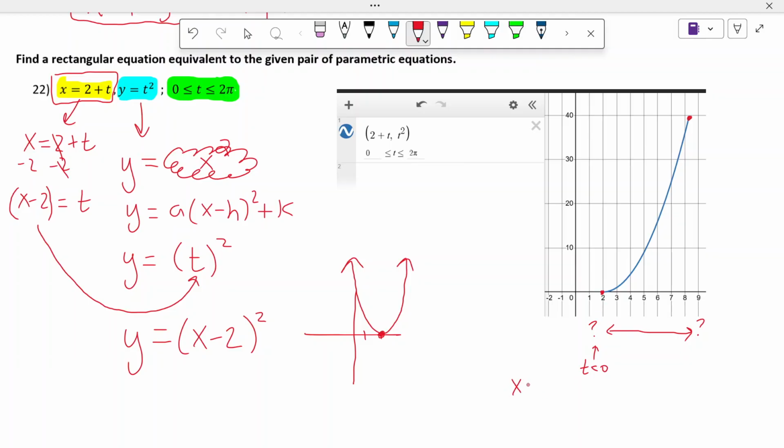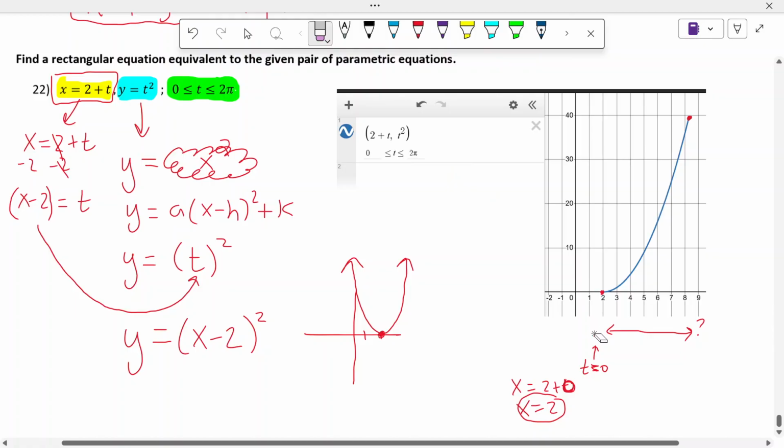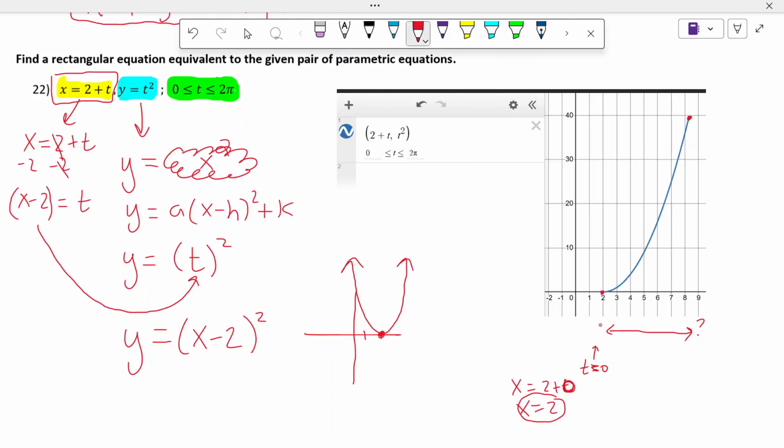If x equals 2 plus time, and that time is actually 0, let me put a big 0 there. Where does the x start when time starts? Time is 0 in the beginning, so that means x is 2 in the beginning. And now we see that, yes, this is a for sure 2 beginning. Let me clean some of this up here. This is now 2 for beginning our x.